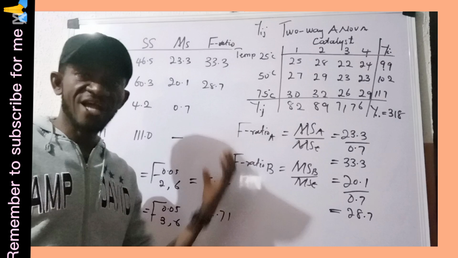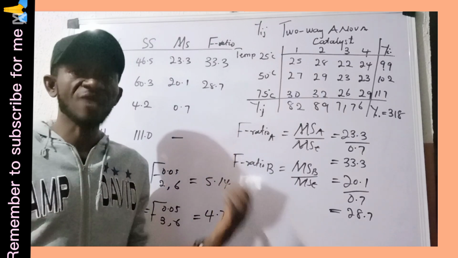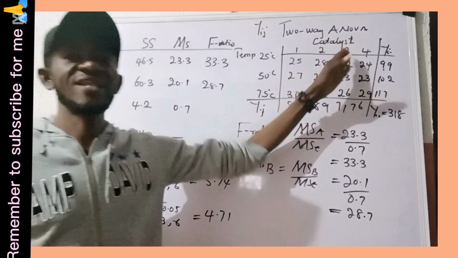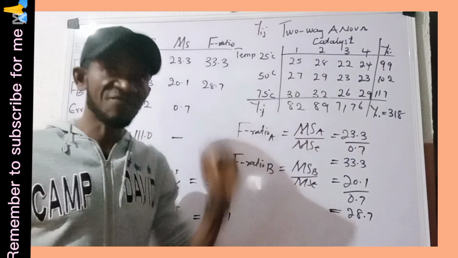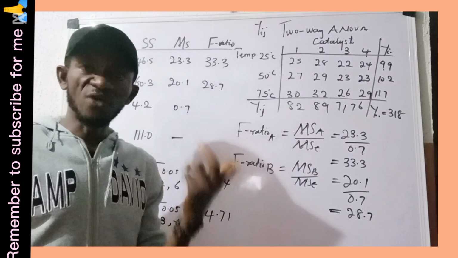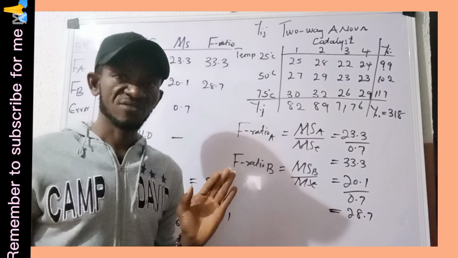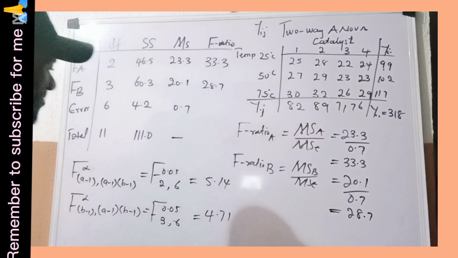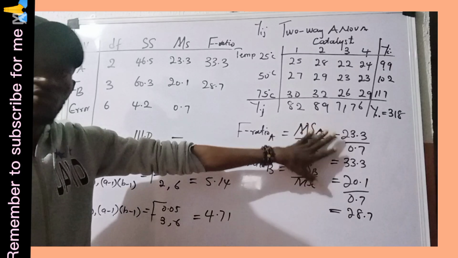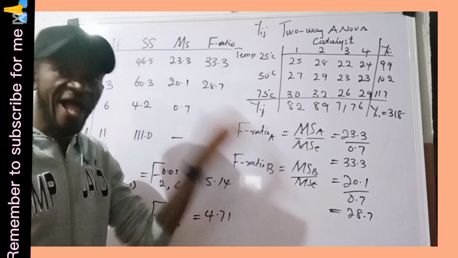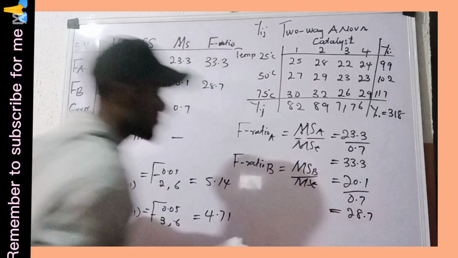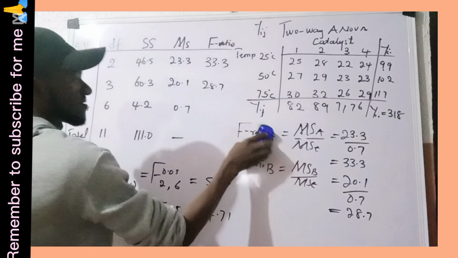Having succeeded in computing all these things, what can we say with respect to whether this temperature and this catalyst have an effect on these observations? Do remember that we gave a critical region. Permit me to clean here so we can record the critical region now and make a conclusion about it.